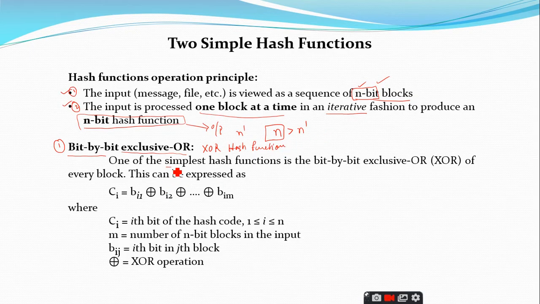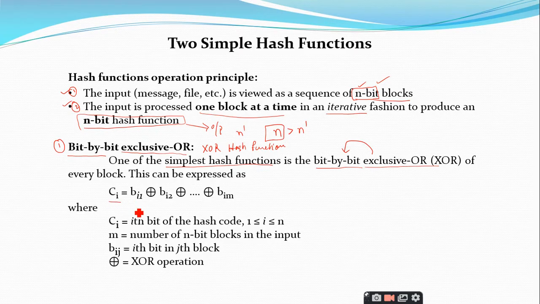This is the simplest hash function we have ever seen, and it is called bit by bit exclusive OR. So, you are performing the exclusive OR operation on a bit by bit basis of every block. And the formula for this particular hash function is very simple.